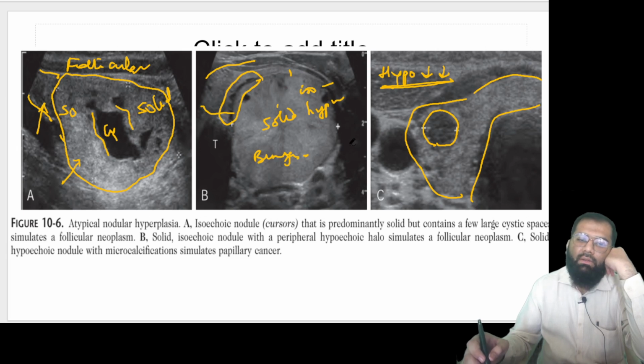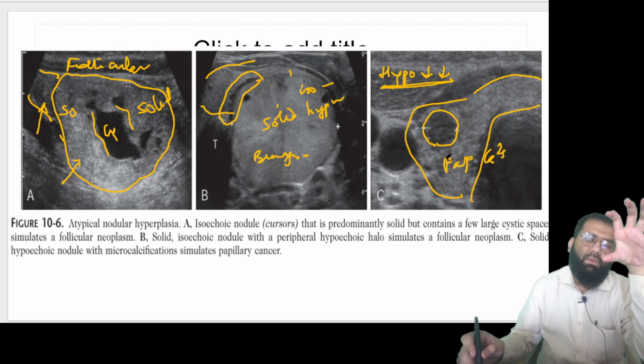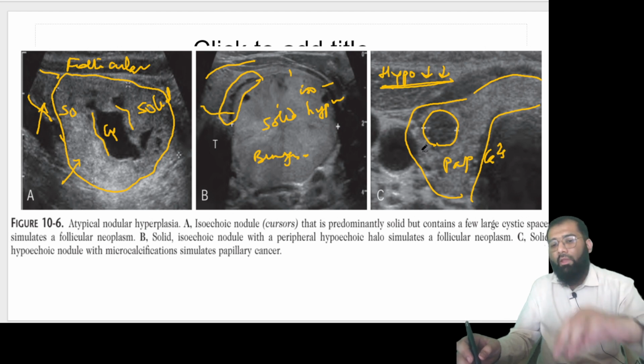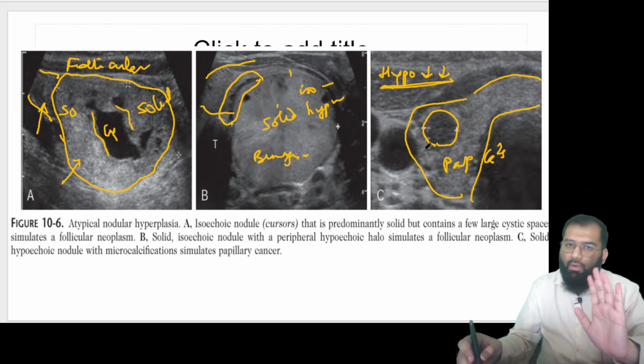This came out to be benign, but always remember there are chances that this may turn out to be papillary CA. So always rule out malignancies in such nodules. We should never take risk when you have a hypoechoic nodule.